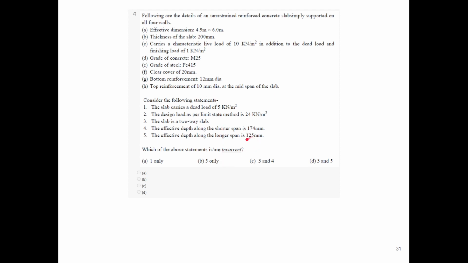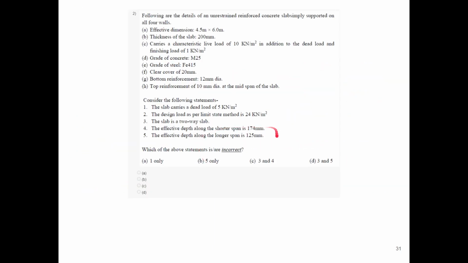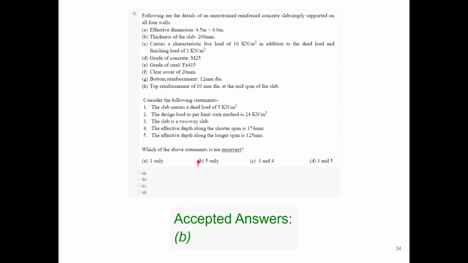So this should be 163 mm, the effective depth along the longer span. So 4 is correct, but dy should be 163 mm. Here, as 125 mm has been provided, it is not correct. So B is the correct option. So which is incorrect? 5 only. Okay. So as you can see, B is the correct option, 5 only.